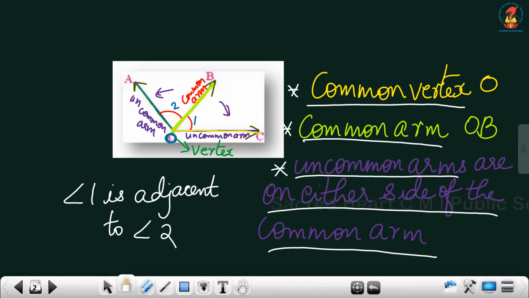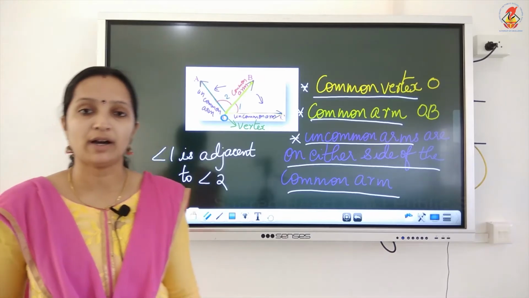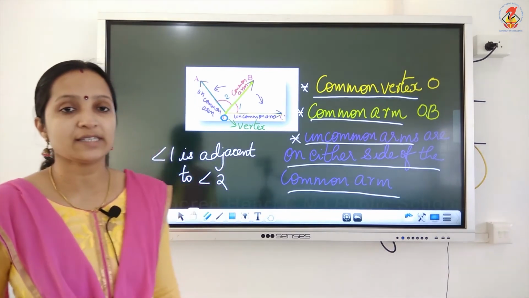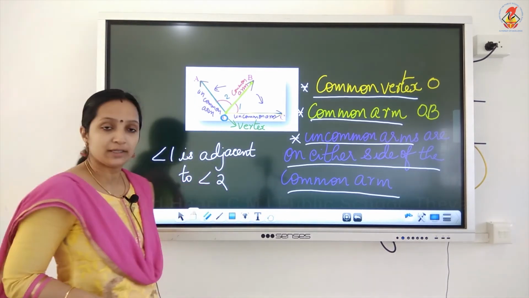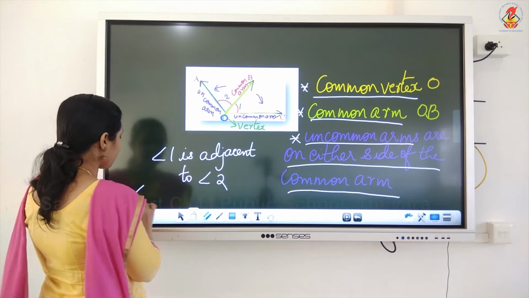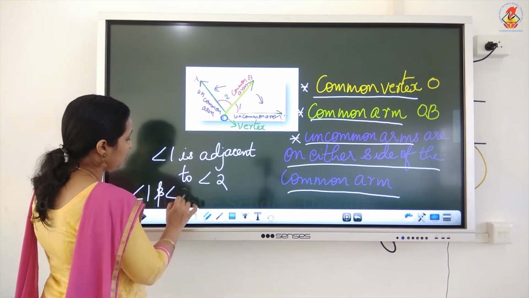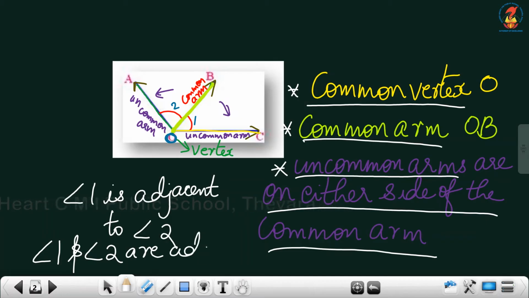Or you can say that angle 1 and angle 2 are adjacent angles.